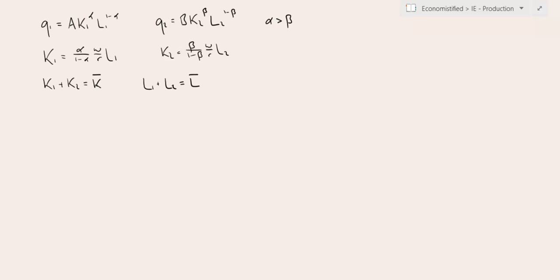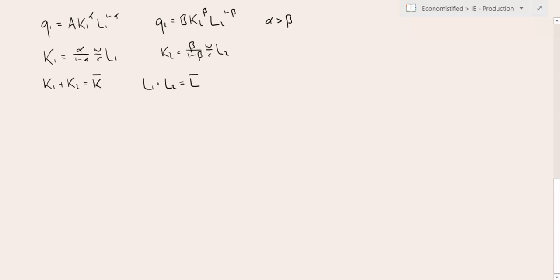Now, we can combine these two firm optimality conditions and these two market clearing conditions to allow us to derive demand for capital, for example, in sector 1, purely as a function of these exogenous supplies of capital and labor and the relative prices of capital and labor. So let's do that.